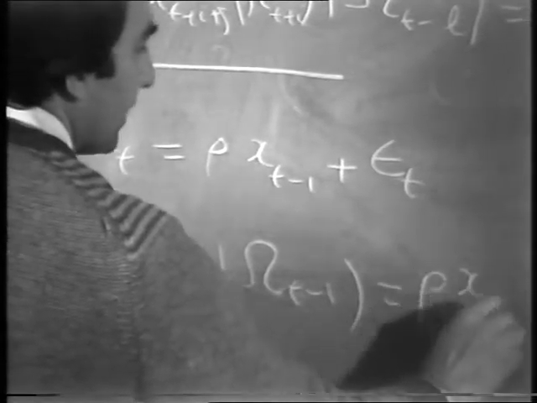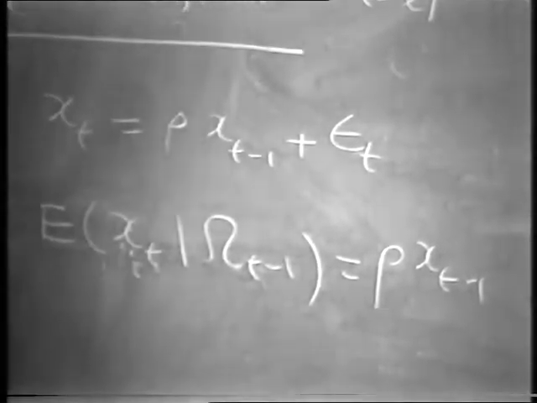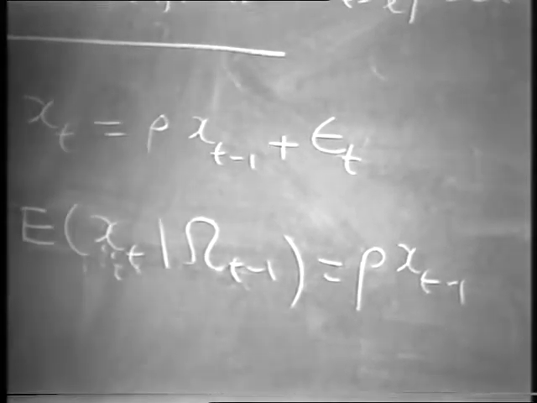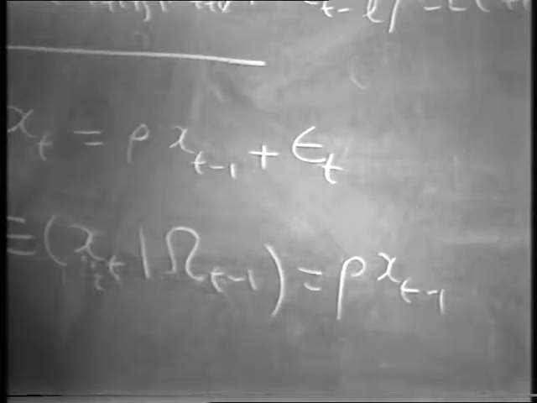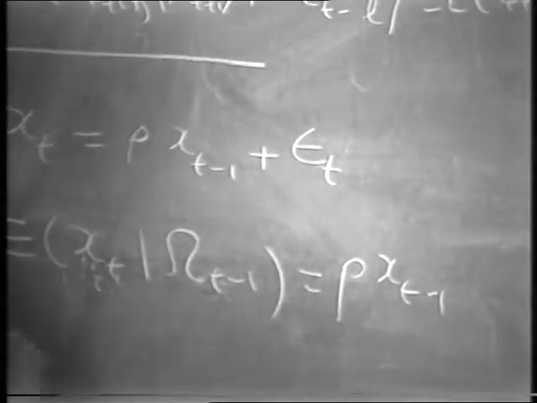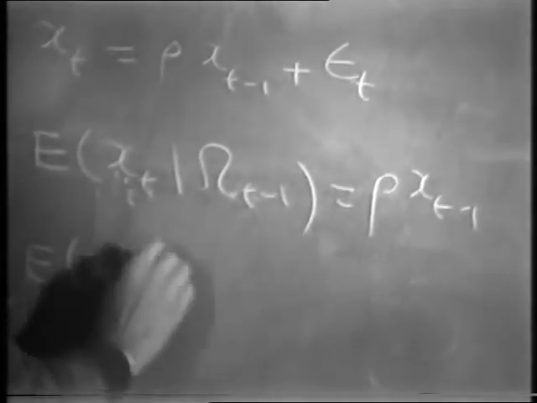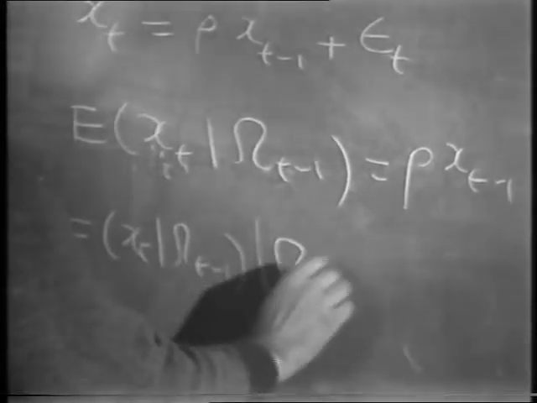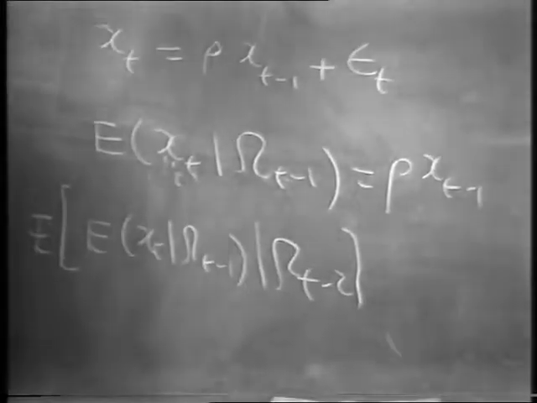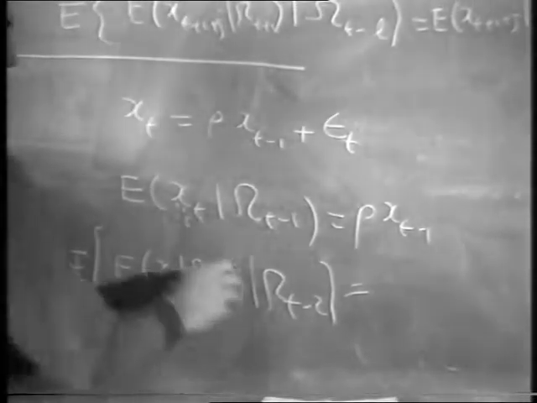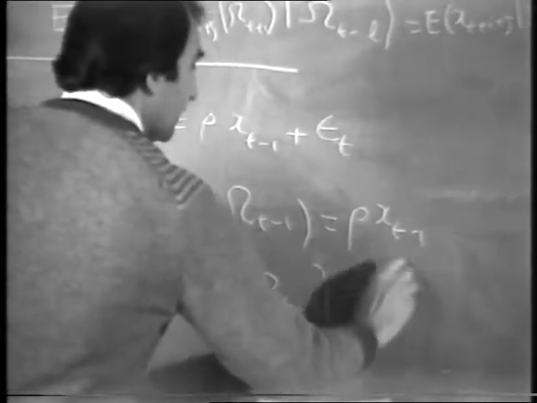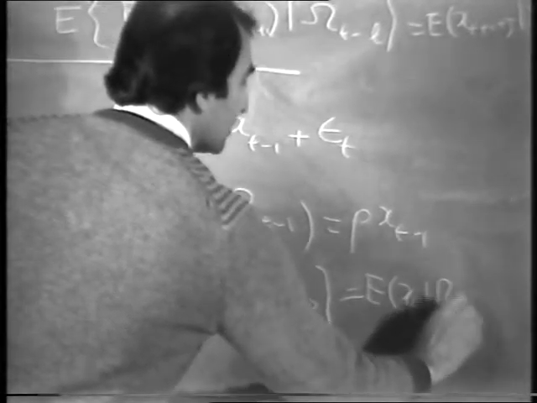It is rho xt minus 1, because we are assuming that epsilon t's are white noise. Now, suppose I take the expectation of xt given omega t minus 1, given omega t minus 2, just for the sake of argument. According to this rule, it should be just the expectation of xt given omega t minus 2.